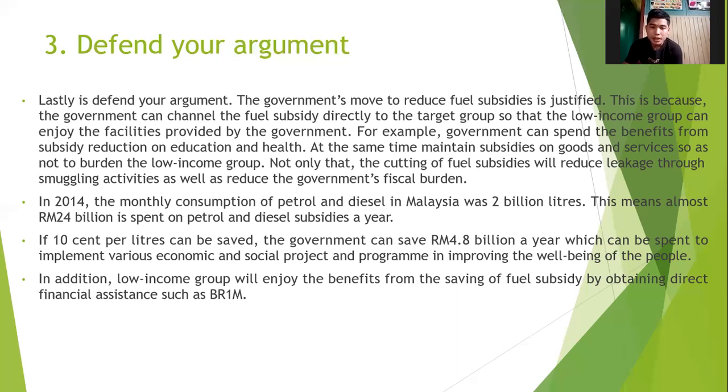If 10 cent per liter can be saved, the government can save almost ringgit Malaysia 4.8 billion a year, which can be spent to implement various economic and social projects and programs in improving the well-being of the people. In addition, the low-income group will enjoy the benefits from the saving of fuel subsidy by obtaining direct financial assistance such as BRIM.